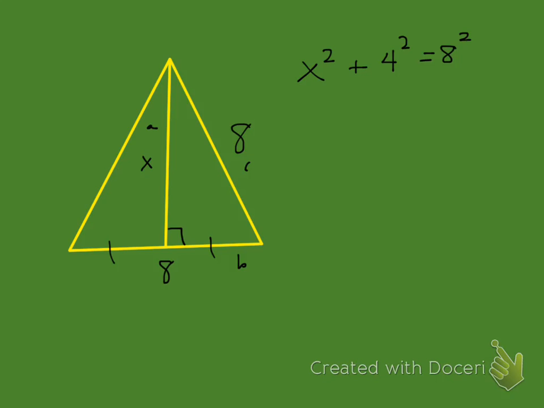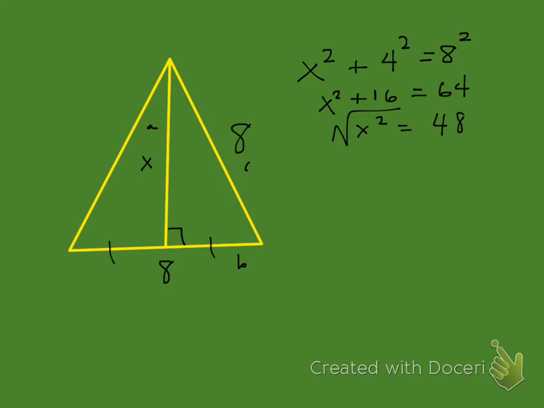And then if I work this out, I'm going to end up with x squared plus 16 is equal to 64. If I continue to work this out, I have x squared is equal to 64 minus 16. Comes out to be, not what I have there. Let me get rid of that. 48.